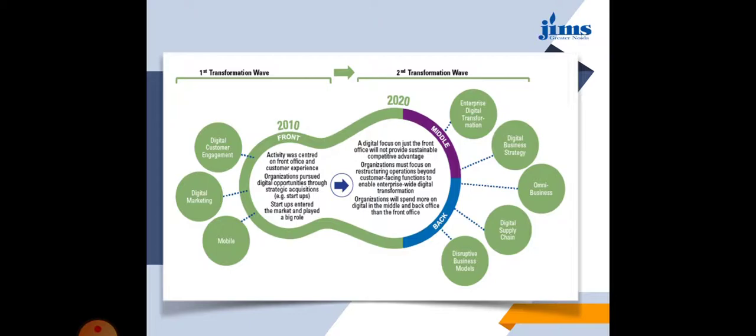It included elements like enterprise digital transformation, then digital business strategy, then omni business, digital supply chain, and disruptive business models.